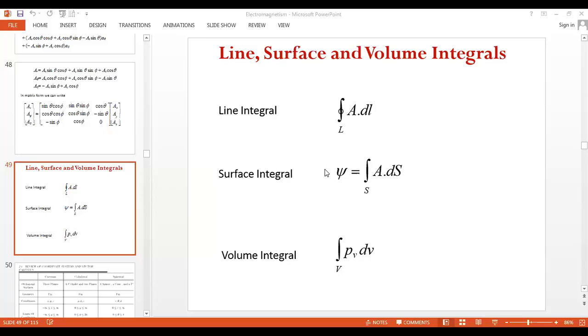So this is what I was discussing, that the line integral is a single integral, right? Then we come to the surface integral. This is important, again very important. What is the meaning of surface integral?